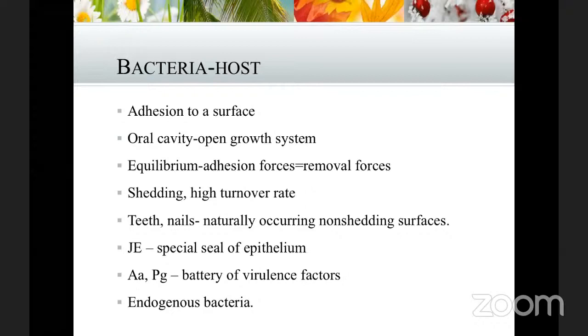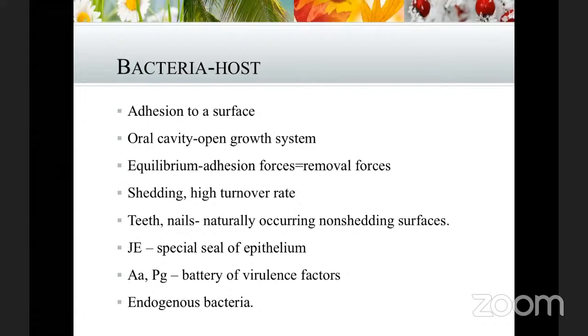It maintains a dynamic equilibrium between the adhesion forces of the microorganisms and a variety of removal forces. We know the removal forces: swallowing, mastication, blowing of the nose, the tongue and oral hygiene implements, the washout effect of saliva, nasal and crevicular fluid, and the active motion of cilia.